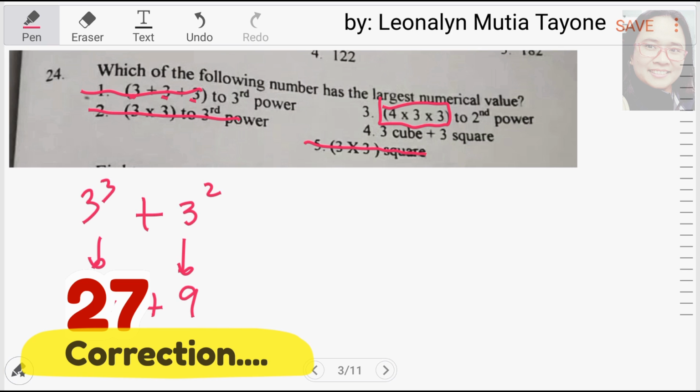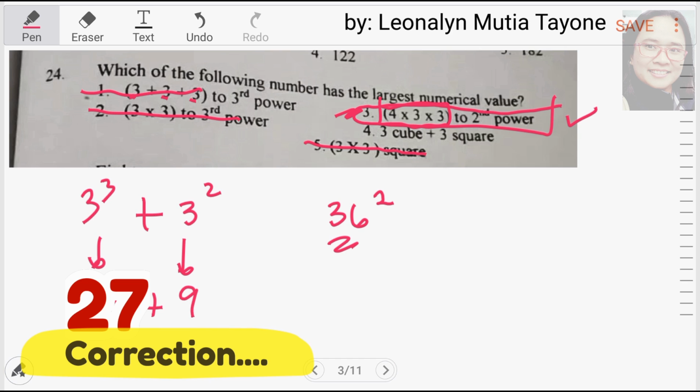Ito, i-multiply natin. 4 times 3, and that is 12. Times 3, that is 36. Ang 36 times 36, that is obviously more than 1,000. Hindi mo na kailangang mag-multiply pa dyan. That is obviously more than 1,000. So, ang sagot dito ay itong number 3. Ito ang largest numerical value.